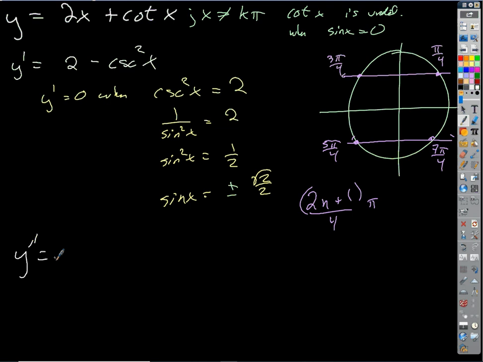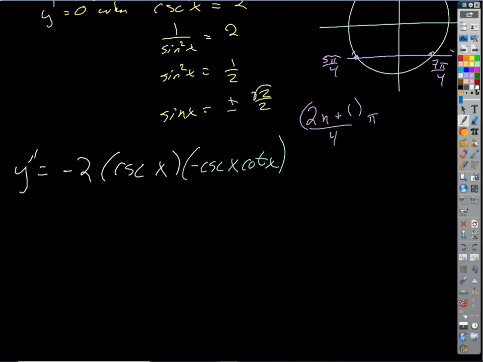So I get 2 times -1, so I get -2 times cosecant x, times the derivative of cosecant. What's the derivative of cosecant? Negative cosecant cotangent, right? So then if we simplify this, negative times negative is positive, and I'm going to get +2 cosecant squared cotangent.